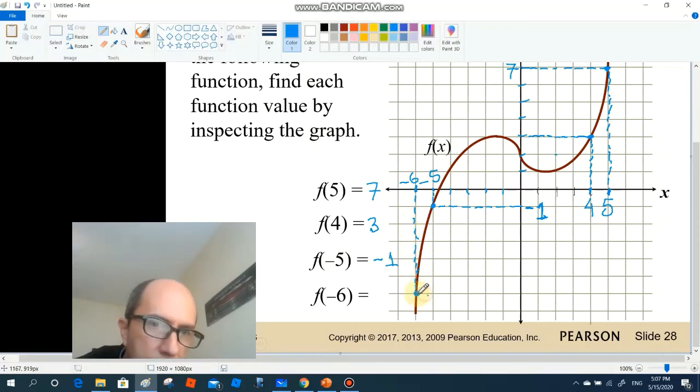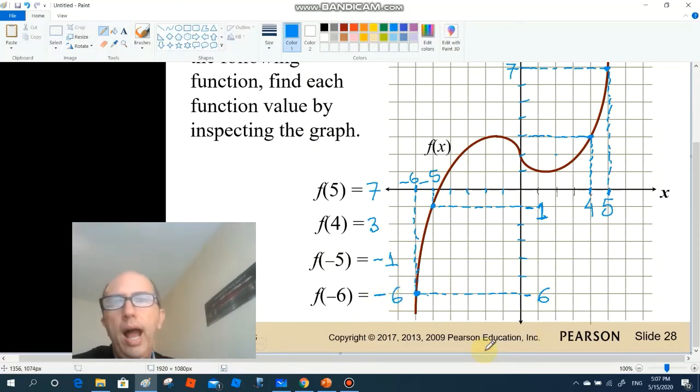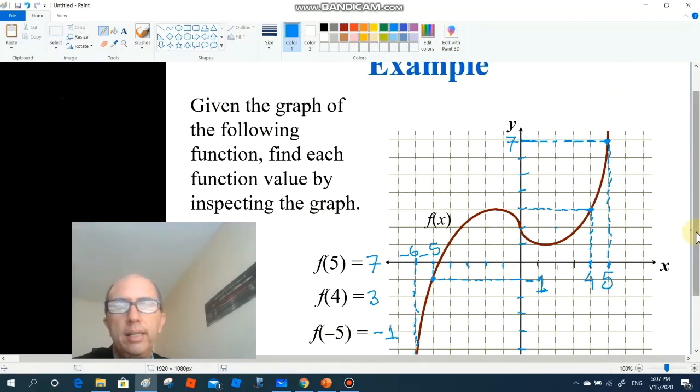Go all the way to this point where y equals negative 1, 2, 3, 4, 5, negative 6. And that's how you find the value of the function by inspecting the graph.